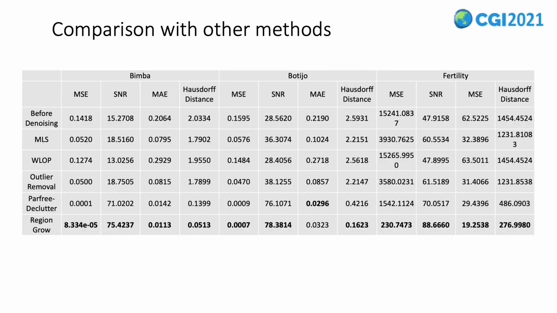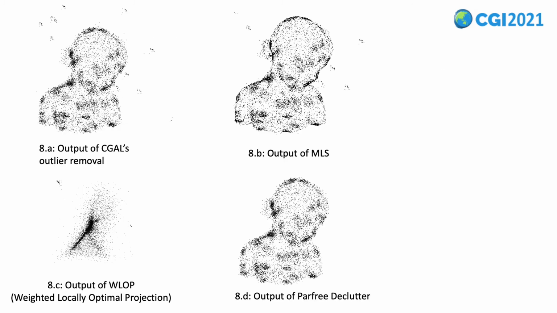If you compare the mean square error, the SNR, and the mean average error, we find that our region grow algorithm performs pretty well. Since this is a proof of concept, we cannot compare with supervised methods or state-of-the-art methods, but empirically it still performs very well.